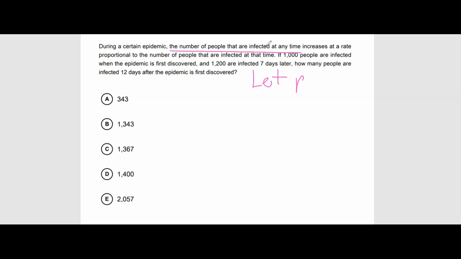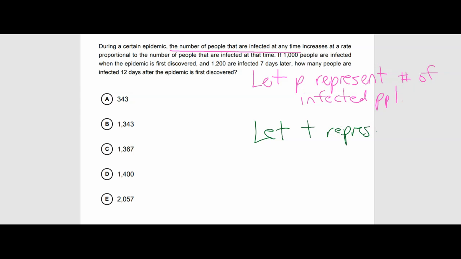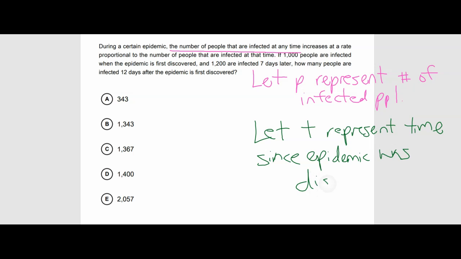So let P represent the number of infected people, and let T represent time since the epidemic was discovered. So those are the two variables you're going to use.